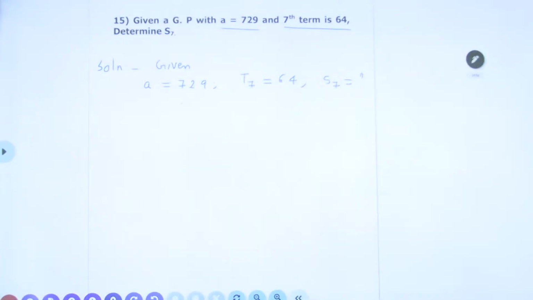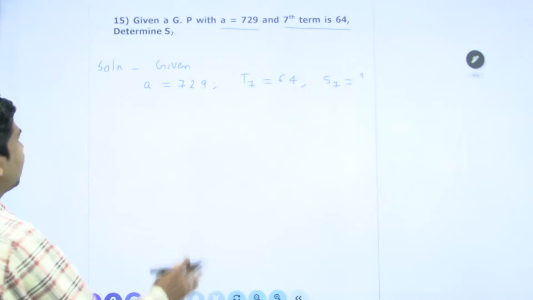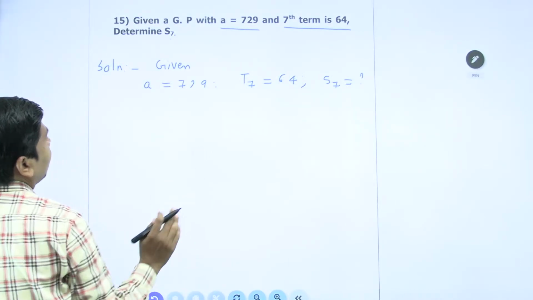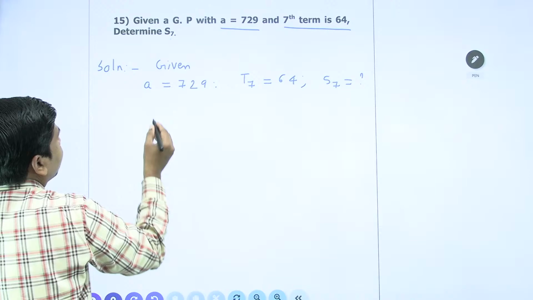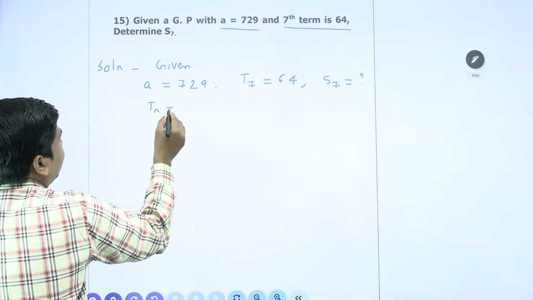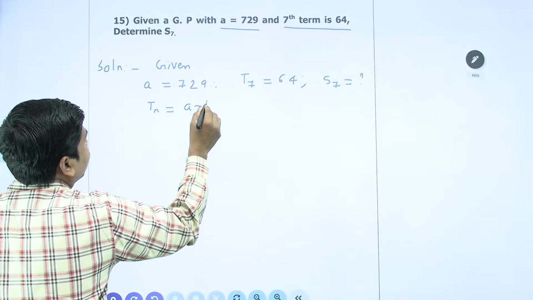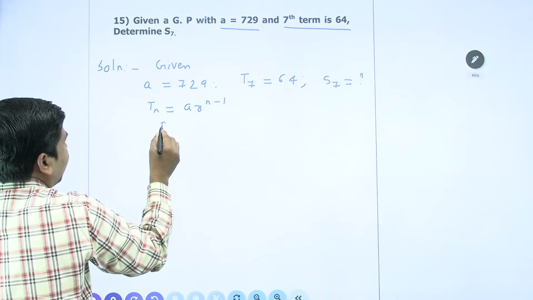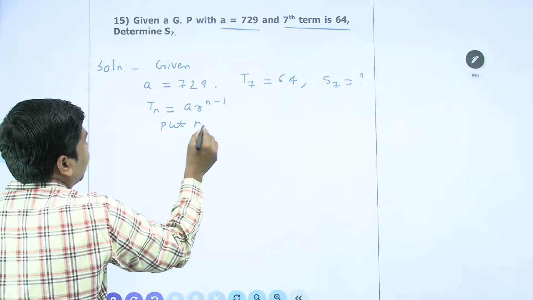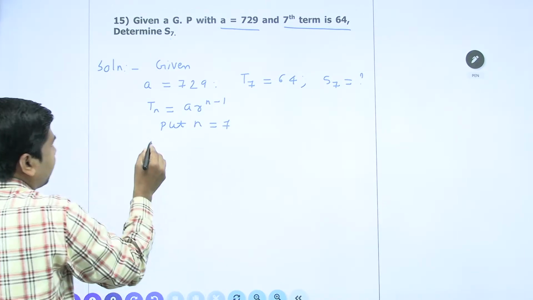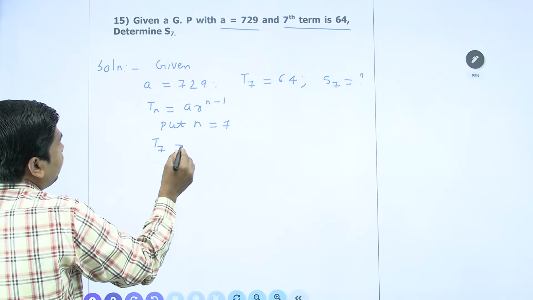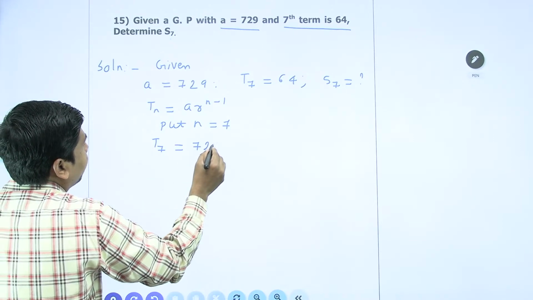We'll use the nth term of a GP: Tn equals A R raised to n minus 1. Put n equal to 7. T7 equals 729 times R to the power 7 minus 1.